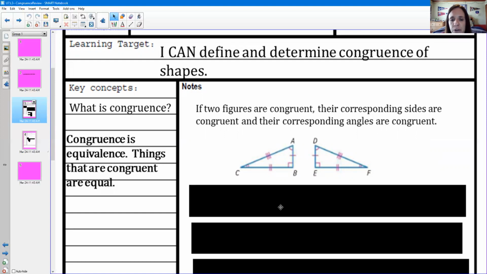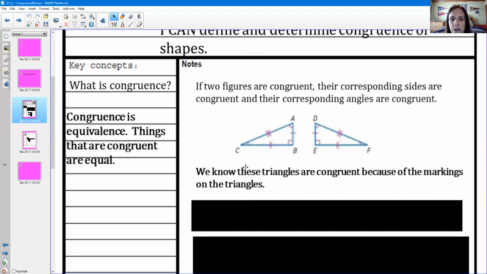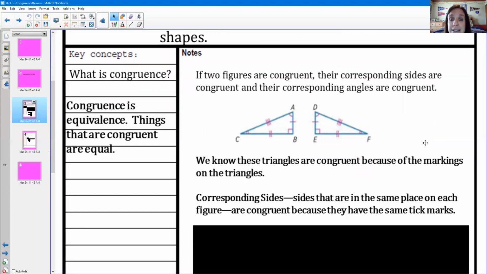Okay, so on these triangles, we can tell that they are congruent because of the markings. You're going to notice that there are similar tick marks and similar angle marks. Corresponding sides are sides that are in the same place on each figure and are congruent because they have the same tick marks. So side AB corresponds to side DE.